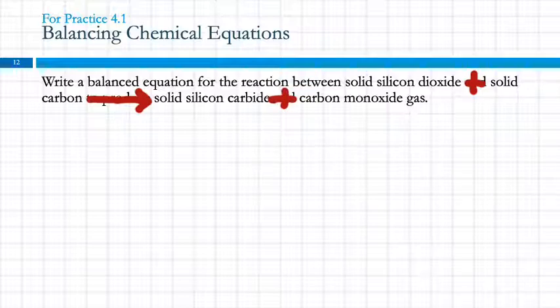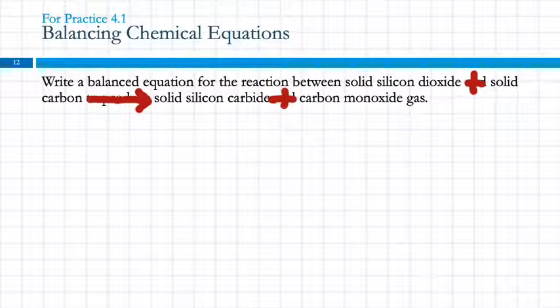So I need the formula for silicon dioxide. What kind of a compound is that? It's molecular. So we find silicon on the periodic table, and it's on the non-metal side of the line. Now it is a semi-metal, but it's on the non-metal side, and so it's going to be named as a molecular compound.